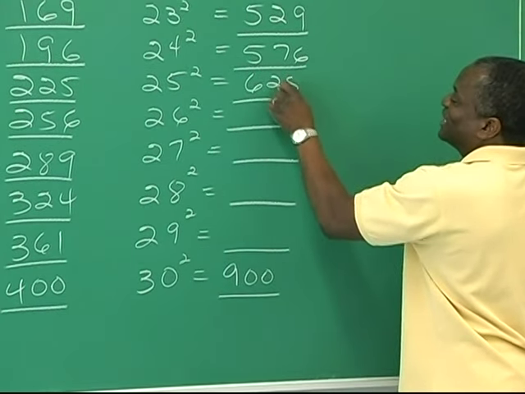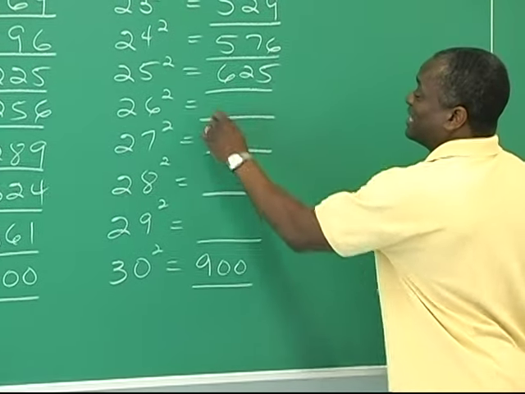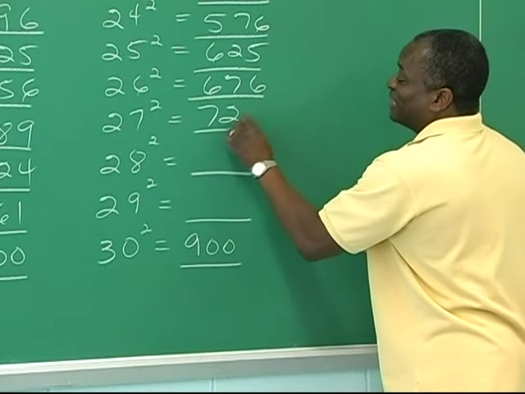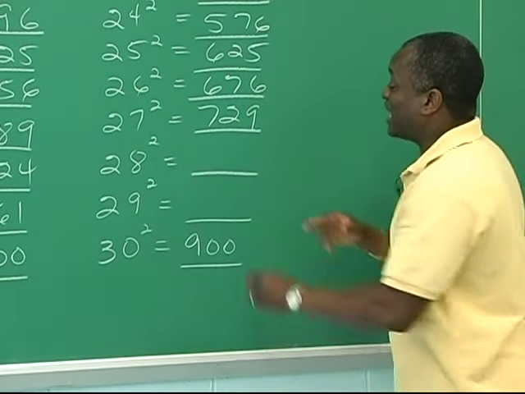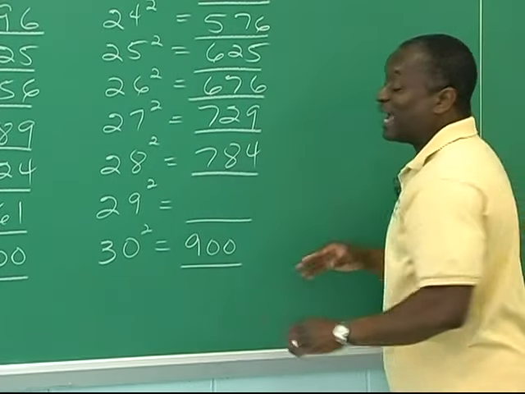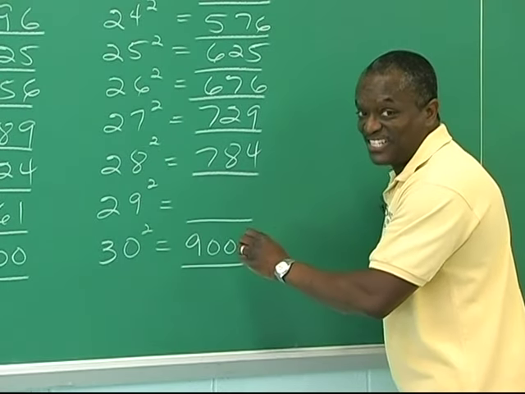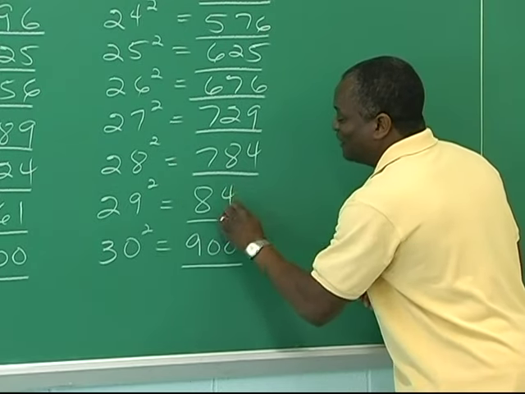Exactly, 625. 26 squared is 676. 27 squared is 729. 28 squared is 784, and of course, we know that 29 times 29 is, right, 841.